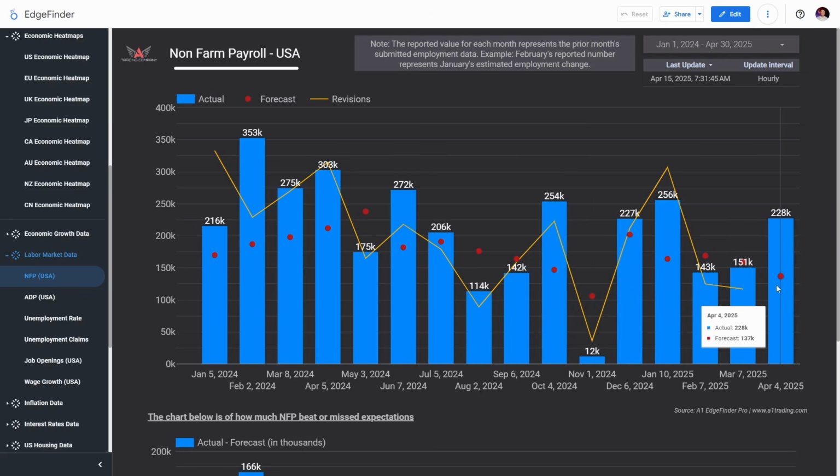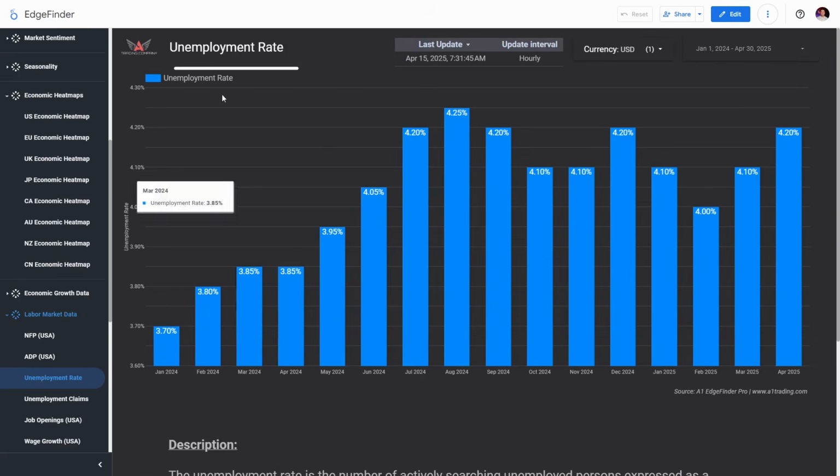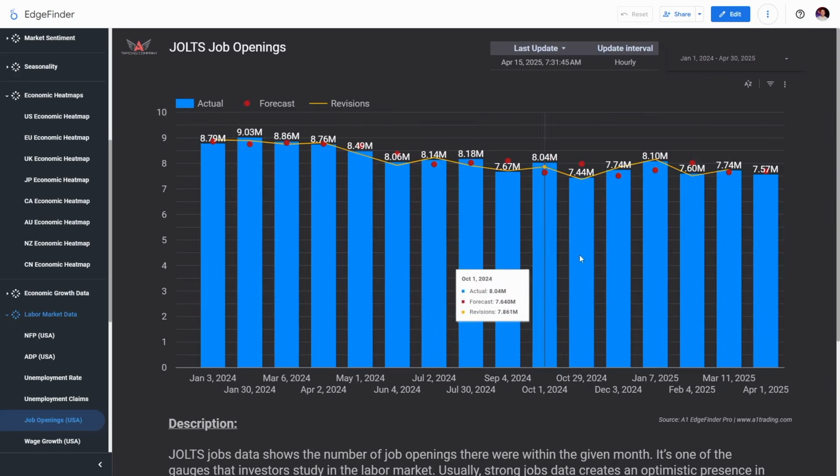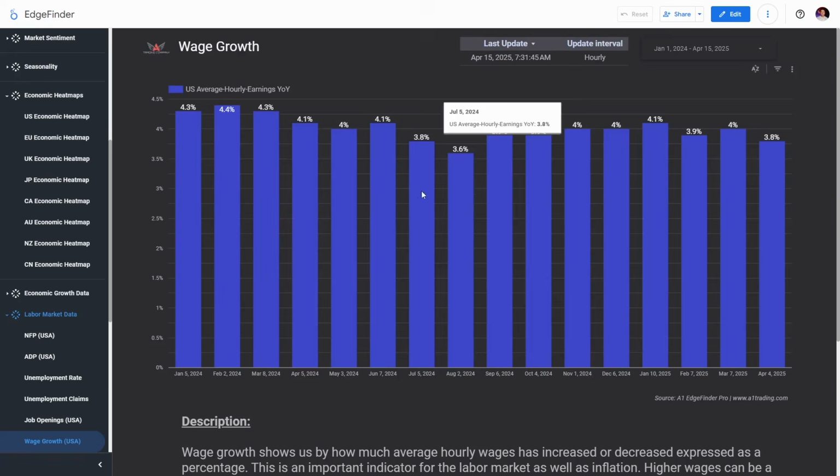We have the actual data versus the forecast. We also have previous numbers and even revisions to the data that come in over time, plotted automatically for our users. We also have key statistics like the unemployment rate, the weekly jobless claims or unemployment claims, JOLTS job openings, and even wage growth statistics on a year-over-year basis for you to better track all of this economic data in one single place.